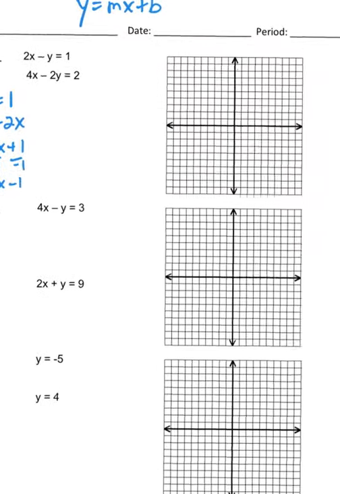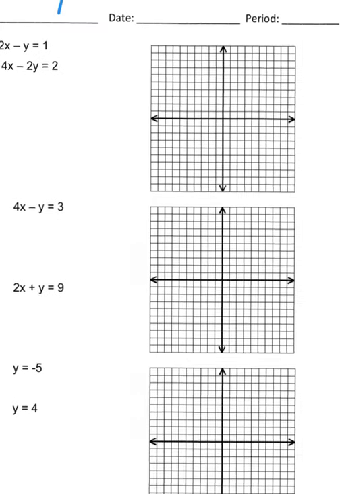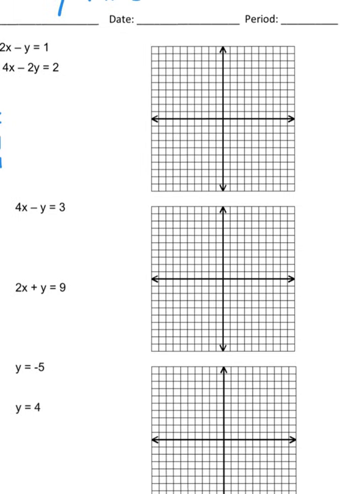So if I go over to the graph, let's graph this one first. Our y-intercept is negative 1, and then our slope is a positive 2, so that's 2 over 1. I'll go up 2 over 1, up 2 over 1, up 2 over 1.